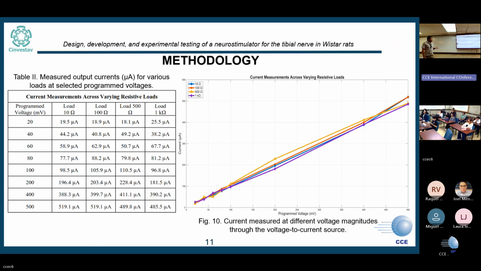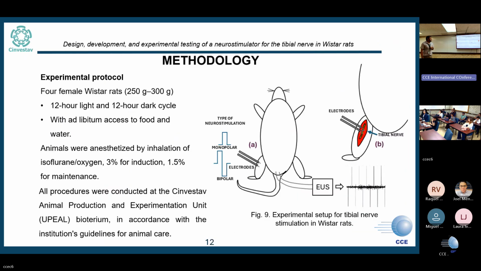In the worst case, we obtain a 10% variation in the current that we program, and in the best case, we obtain 1% variation in the magnitude of the current that we program.